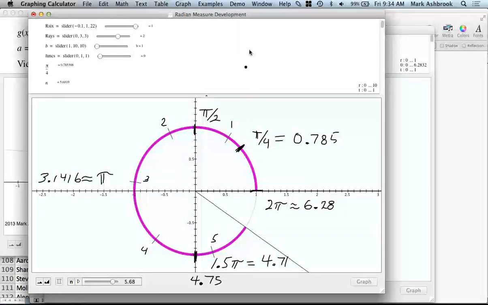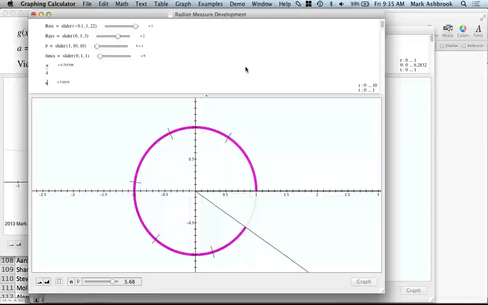All right, so then the idea of fraction of a circle. So what fraction of a circle then is 1 radian? How would you find what fraction of the circle? 1 radian equals what fraction of the circle?